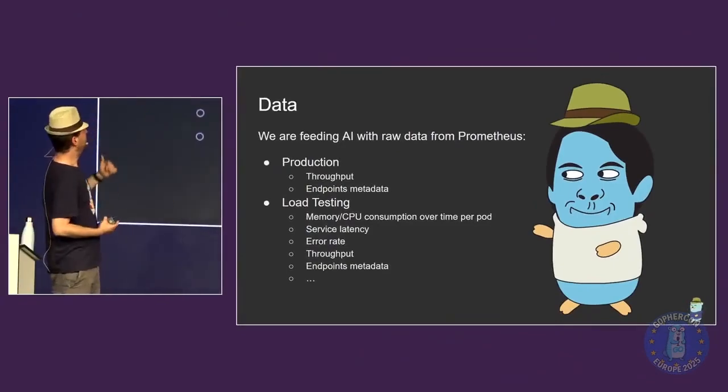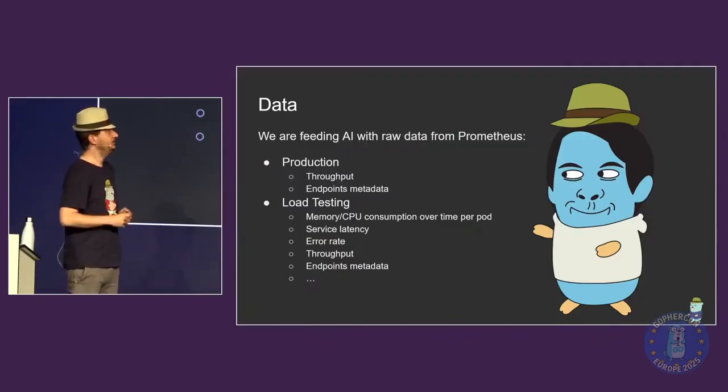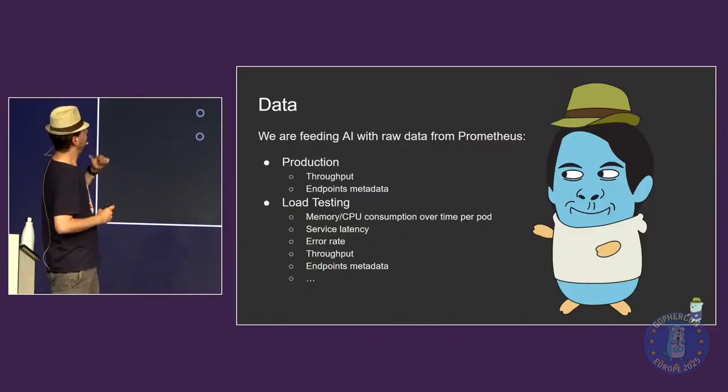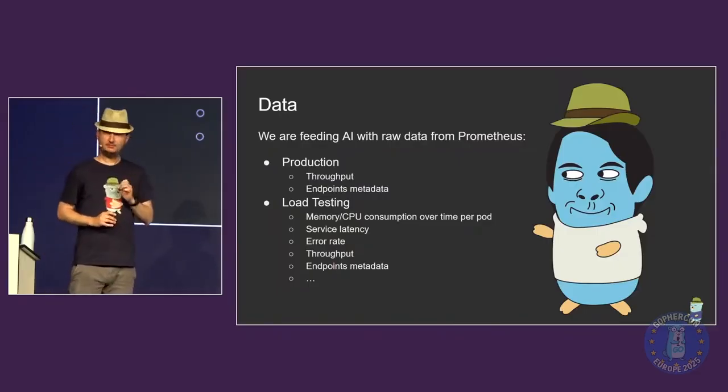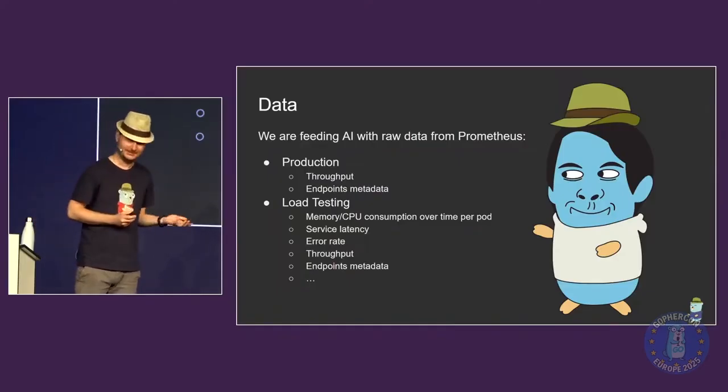So production. From production, we get our throughput data, so we want to know what our 1x in production is, and we have endpoints metadata. This is important for us because if you load test a health check, it's not load testing.